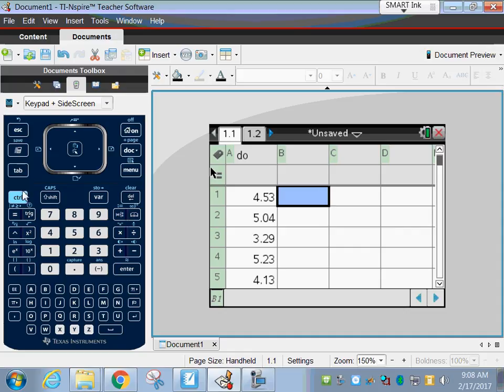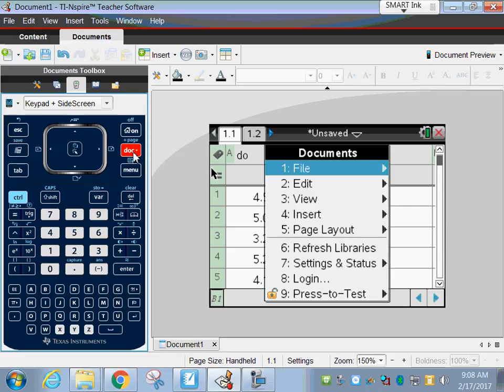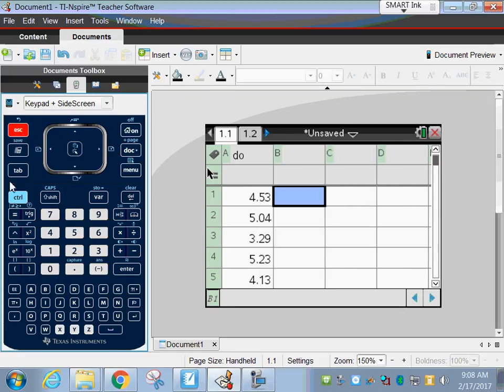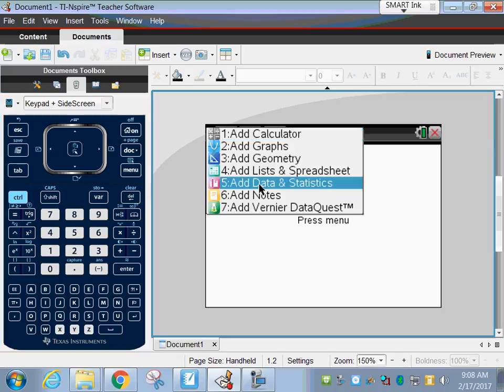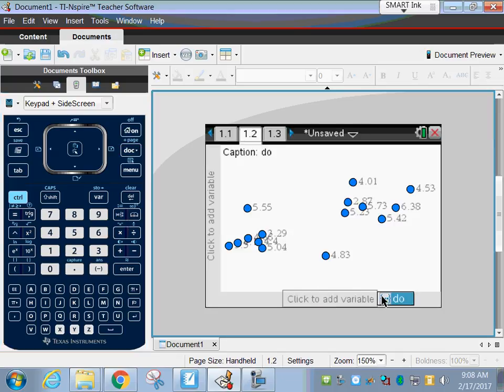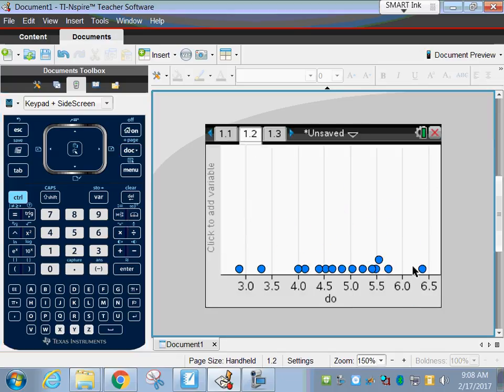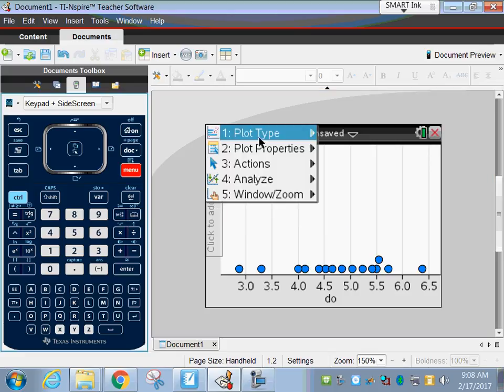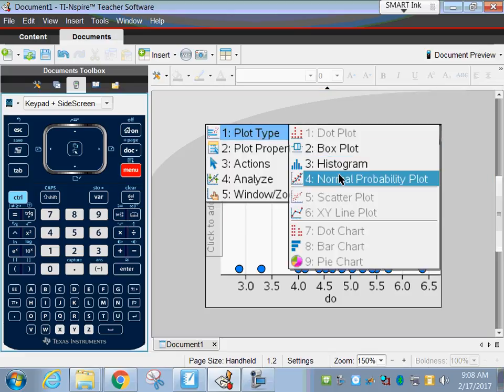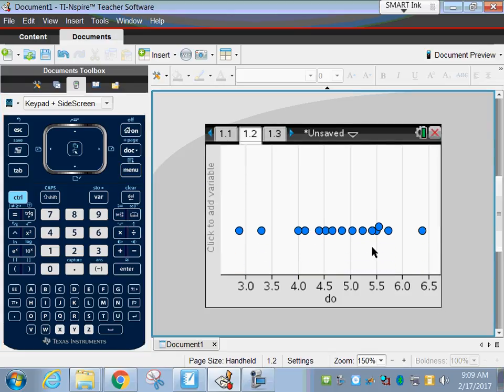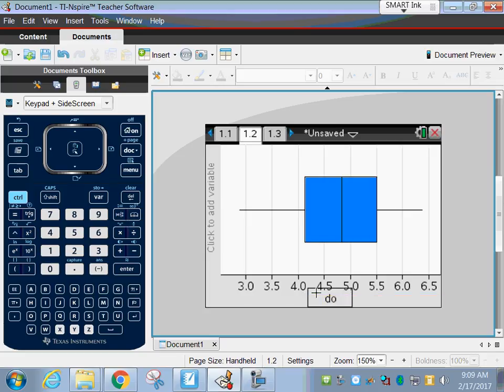All right, you guys, so you plug the numbers in, right? You go to plus a page, maybe. Add data and statistics and dissolved oxygen level. I'm going to check all of these. So here's a box plot. Pretty symmetric.